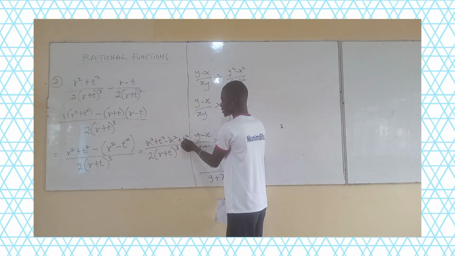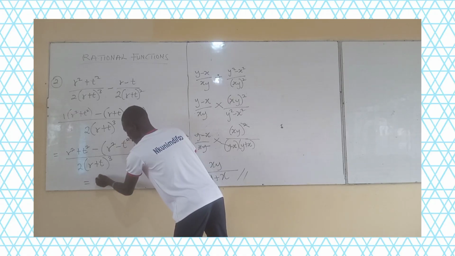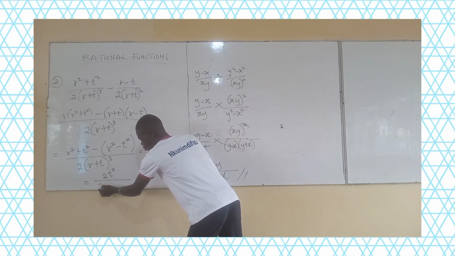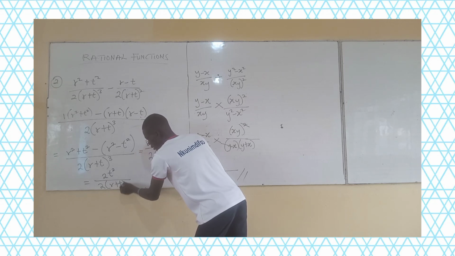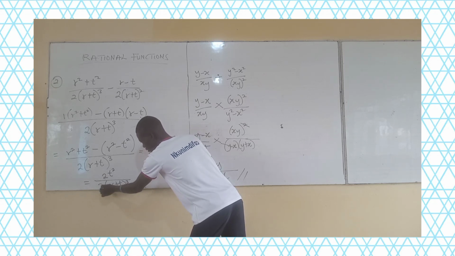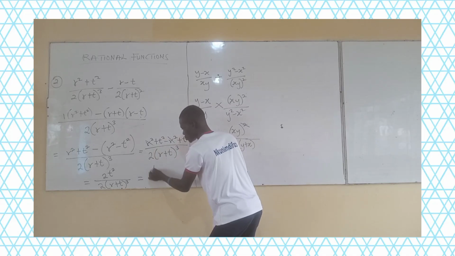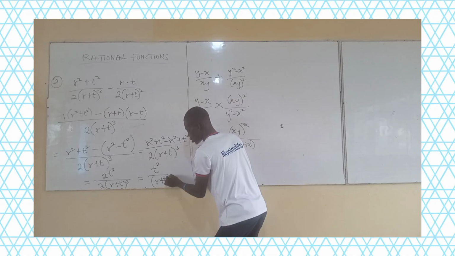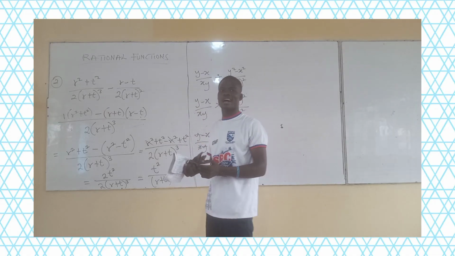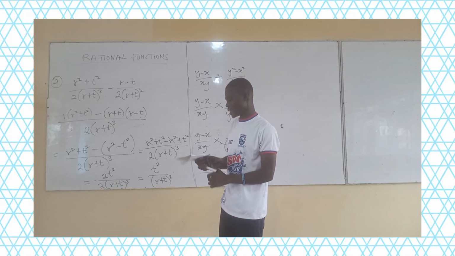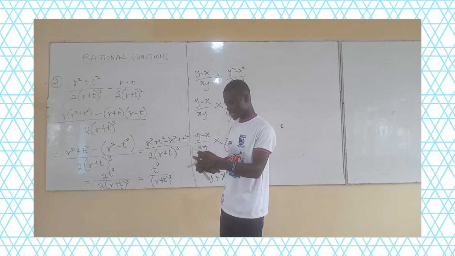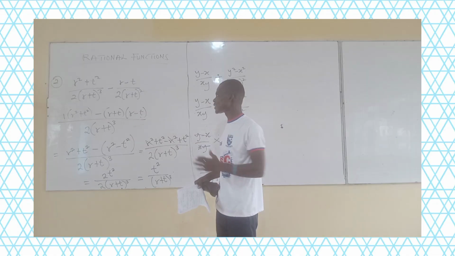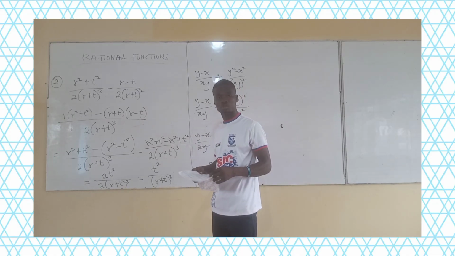So t squared plus t squared, we are going to get 2t squared all over 2 bracket r plus t cubed. And these 2 can cancel these 2. So our final answer is going to be t squared over r plus t all cubed. So when you take your time to solve this problem, this is the final answer you are supposed to get. And it is not difficult, as you can see.